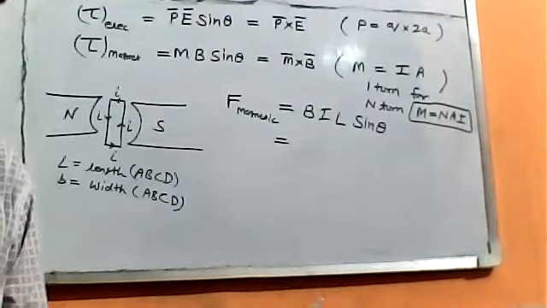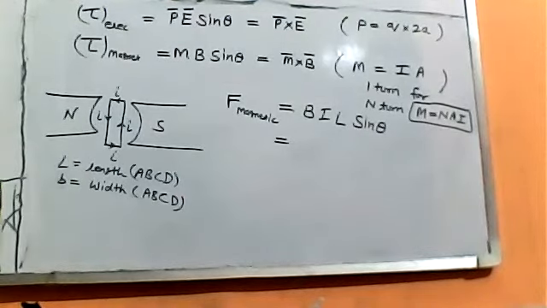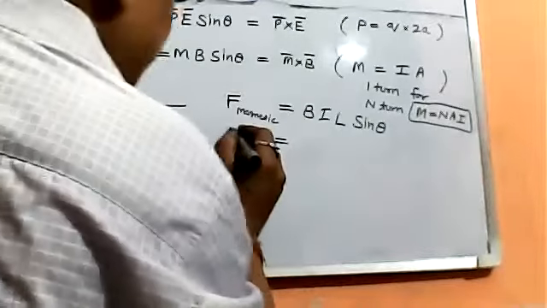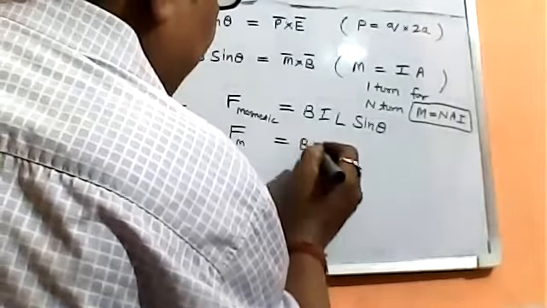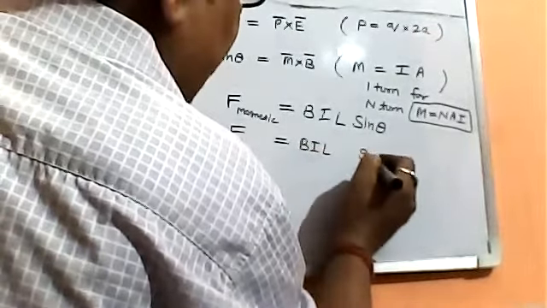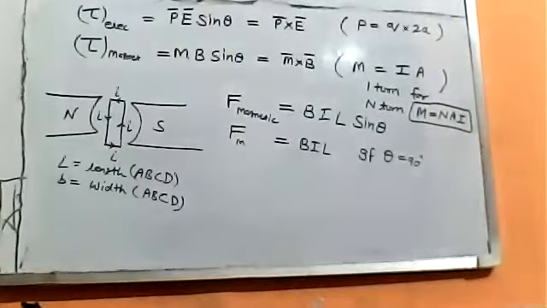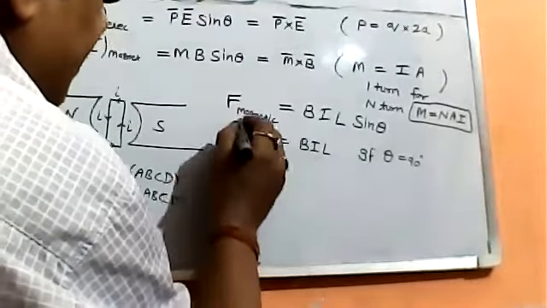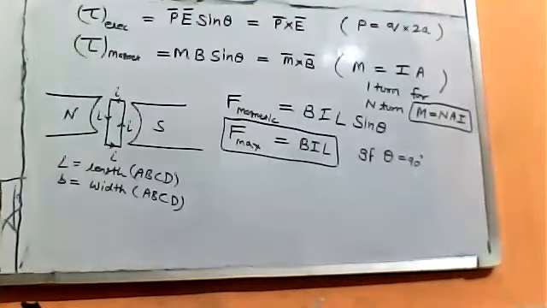L is the length of conductor. Theta is the angle between conductor and magnetic field. But in this case, theta is 90, so F equals only BIL, since sin 90 is 1. This force will be the maximum force. F max equals BIL because the maximum value of sin theta is 1.